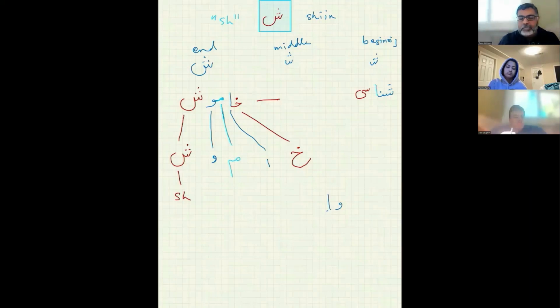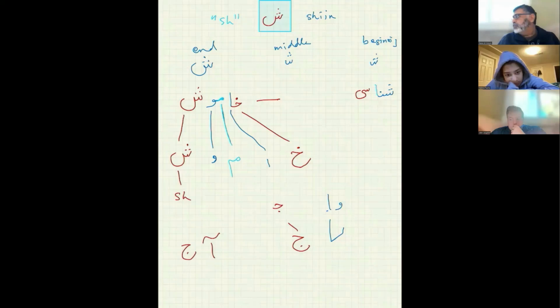Wow is similar to the letter R. When R comes after R, you can't join it. So, let's say you have J, the J sound, Jeem. When Jeem comes at the end, it can be like this. This is the word Aj, which means today, and this is standalone. When you start with the letter J, you can add alif to it.